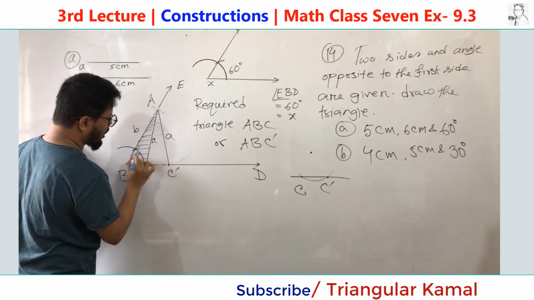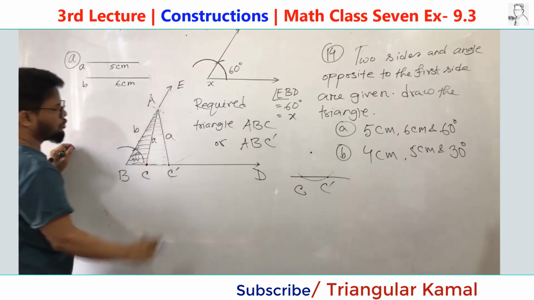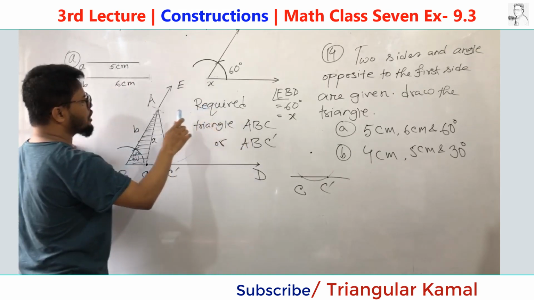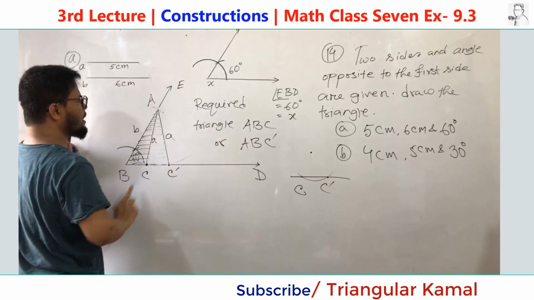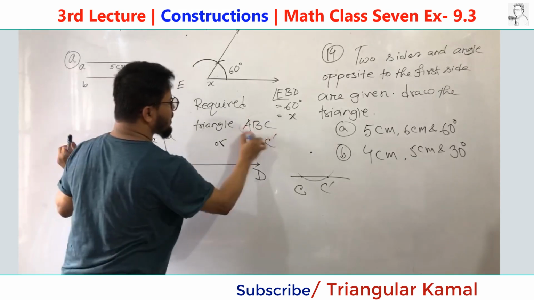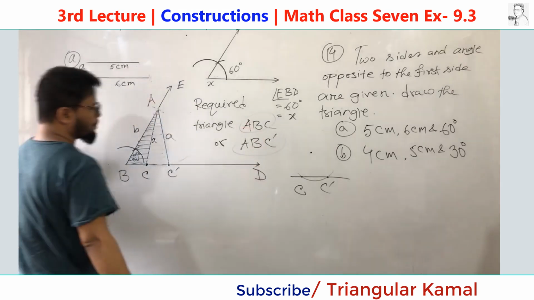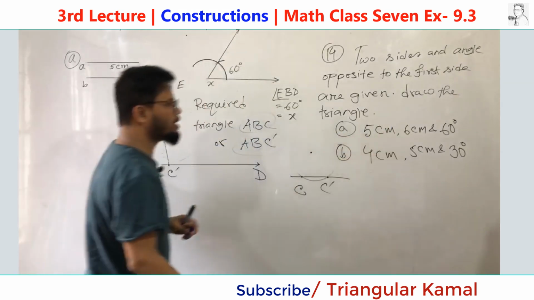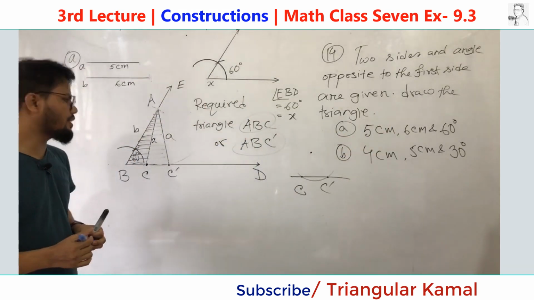There will form 2 triangles. You have to mention in the last line here, required triangles ABC and ABC prime, because both triangles have all the requirements: 5 centimeter, 6 centimeter and 60 degree.